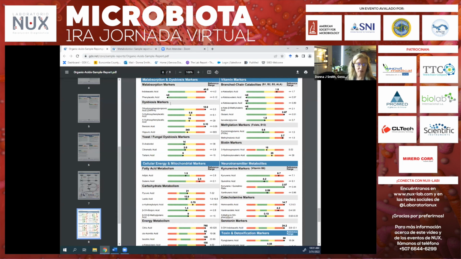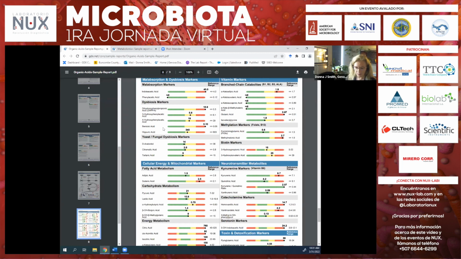And when there's elevations, it's just an indication that they're not being very well absorbed and processed. But also in our support guide, which Genova provides extensive support materials for all of our reports, there is a chart listing certain foods that can affect these markers.